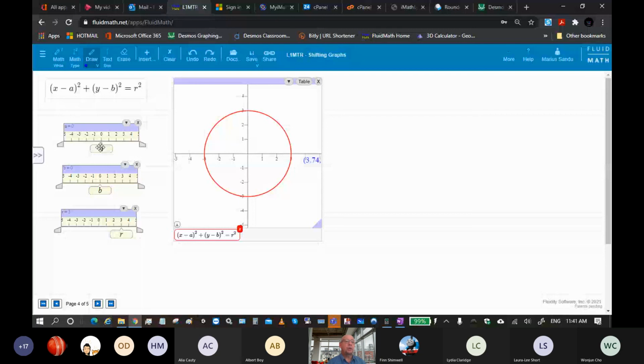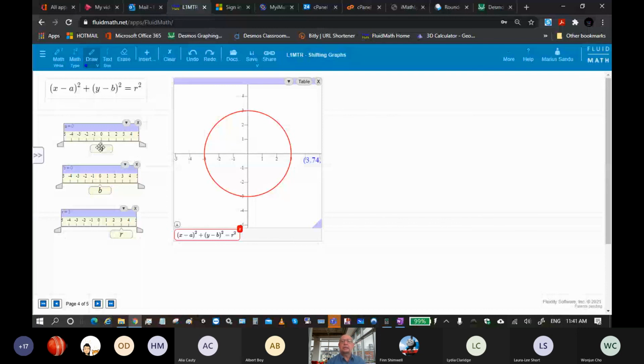So when you subtract, x minus 1 moves it right. X plus 1 moves it left. Y minus 1 moves it up, and y plus 1 moves it down.